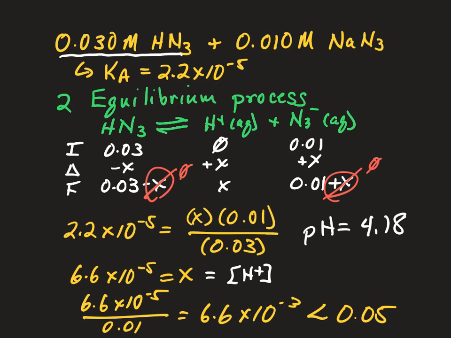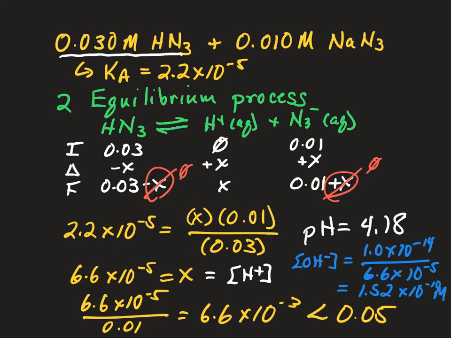And if we wanted to, we could find that the concentration of hydroxide ions is going to be equal to our Kw divided by our concentration of hydrogen ions: 1.0 times 10 to the minus 14 divided by 6.6 times 10 to the minus 5, and you get about 1.52 rounded times 10 to the minus 10 molar.